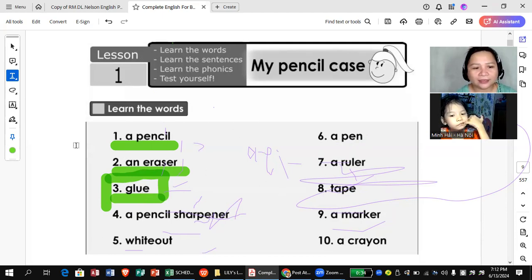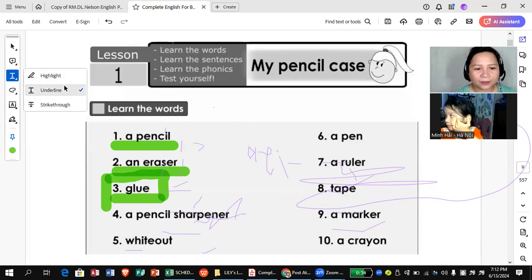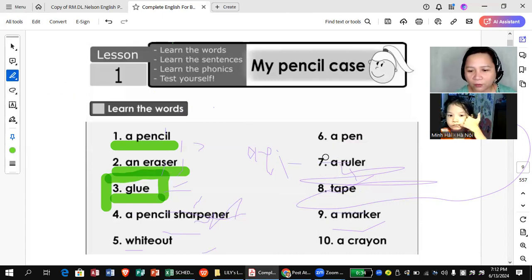Okay, next. What are the vowels in this word? A, E. Okay, what are the consonants there?